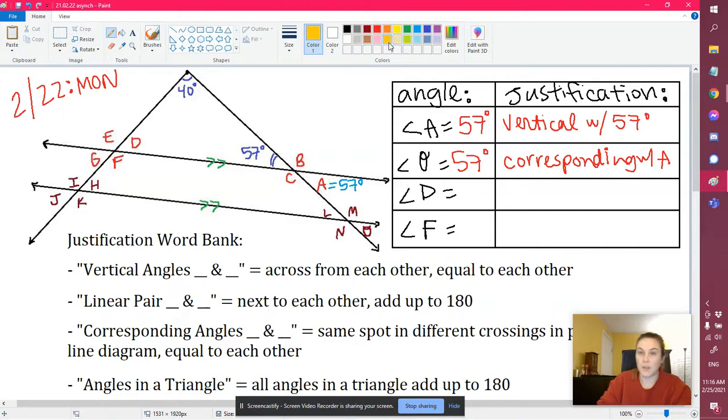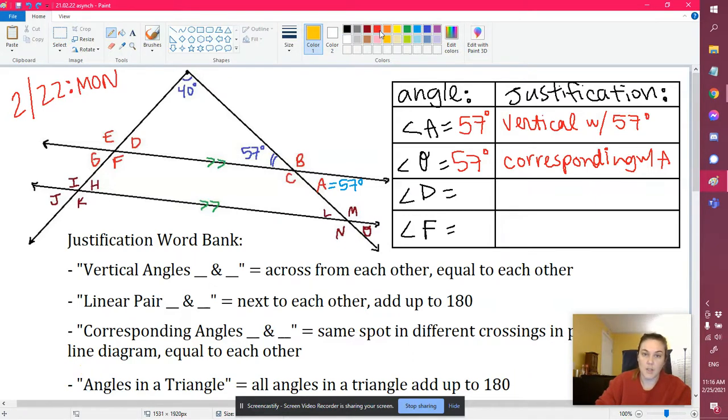All right, this is the wacky one. We did talk about this in class, but I'm going to talk about it again. When we're finding D, we're not going to use vertical angles, linear pairs, or corresponding angles. We're in fact going to use that the angles in a triangle all add up to 180, right?